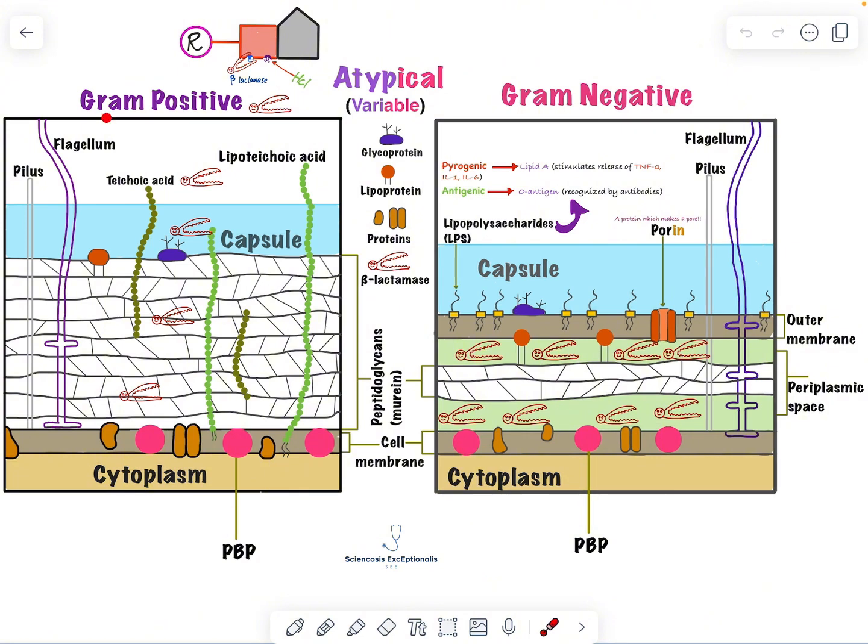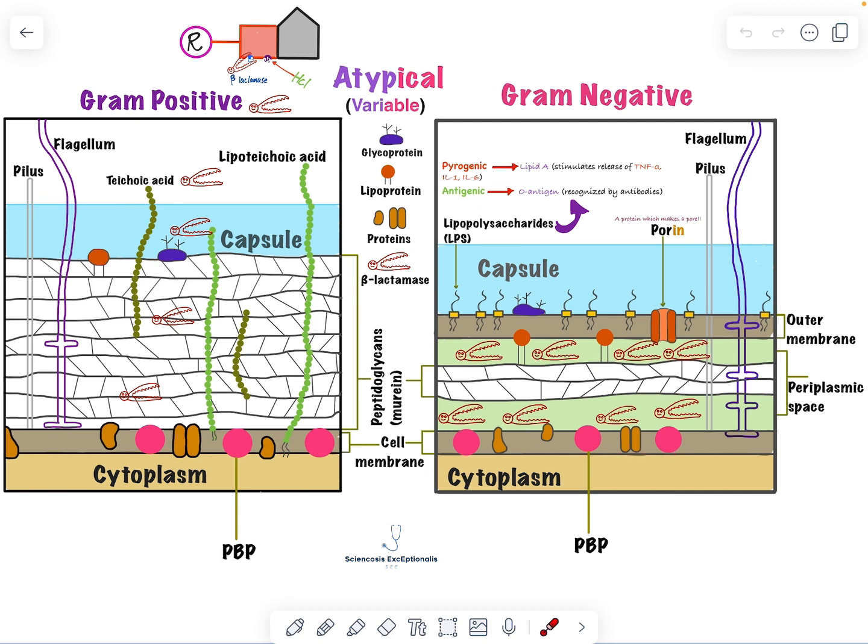The gram positive have teichoic acid, which is inserted in the cell wall, whereas the lipoteichoic acid is inserted in the cell membrane. The lipoteichoic acid stimulates the release of tumor necrosis factor alpha, interleukin 1, and interleukin 6, which are responsible for inflammation and fever.